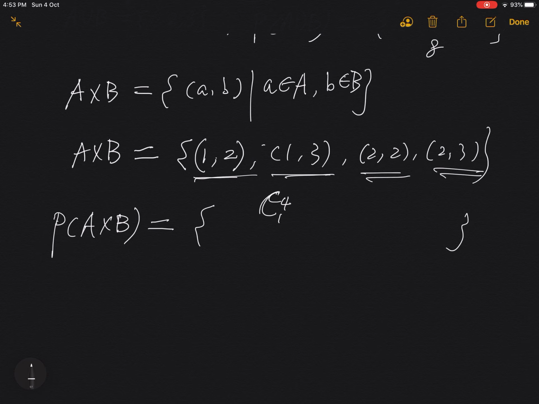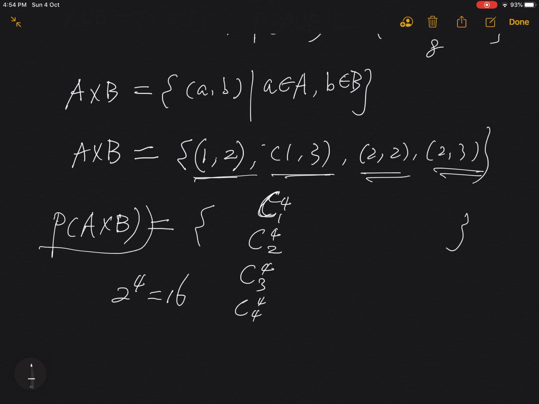We choose 1 element out of the 4, and then we choose 2 elements out of the 4, and then we choose 3 elements out of 4, and then we choose 4 elements out of 4. Actually, we should have 2 to the power of 4, which is 16 elements for the power set of A times B.